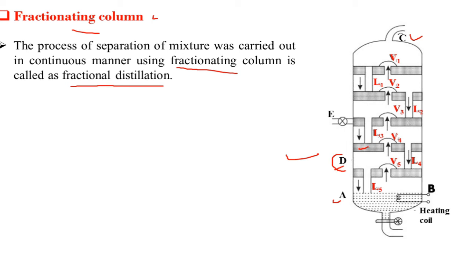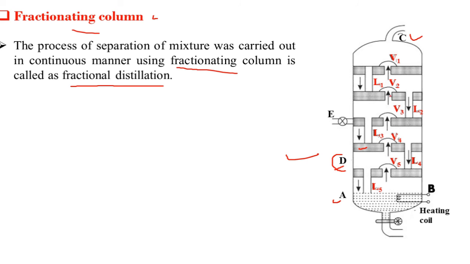At that time, the liquid comes in contact with vapor, which is coming from the bubble cap V4 from the bottom. During this stage, the less volatile component from the vapor is condensed, while the more volatile component from the liquid is evaporated from the bubble cap V3.